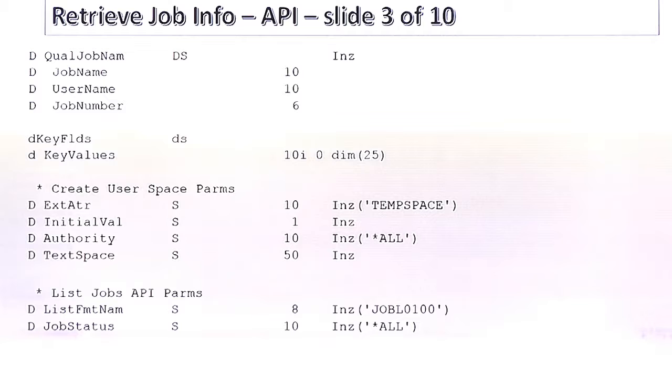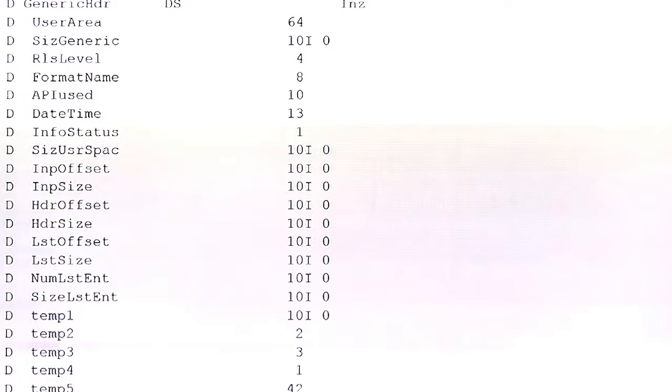And I'm using, I soft-coded, or well, not really soft-coded, but hard-coded that list format name, but I coded it in the D-spec instead of just using the format name when I call this. Okay, but I don't in every instance. So anyway, I got a generic header for the user space.